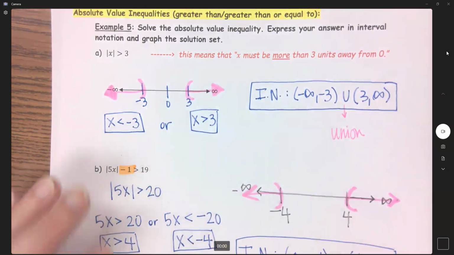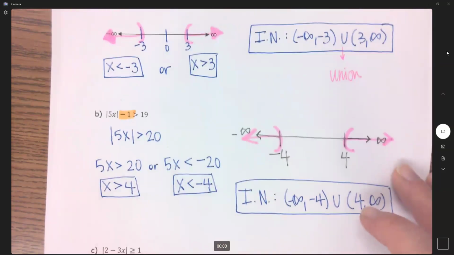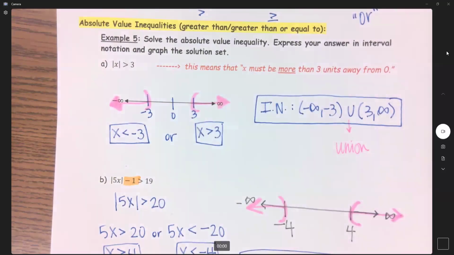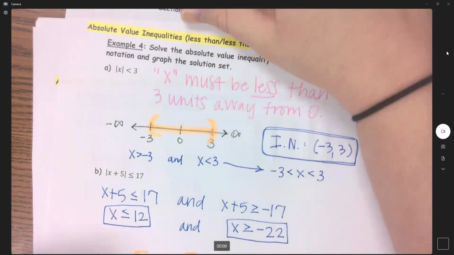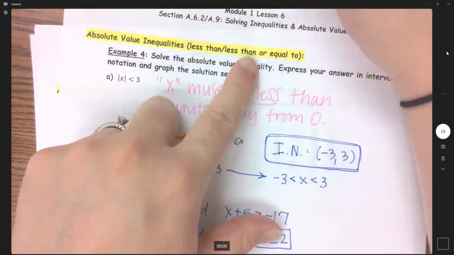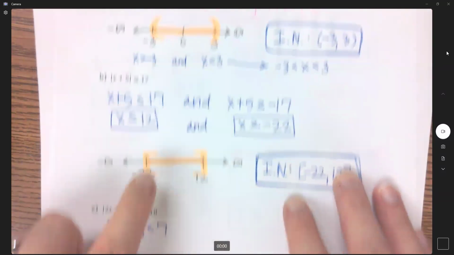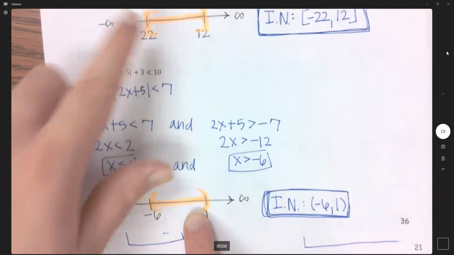But the pattern is these always will be these outside portions while your less than or equal to will always be that middle portion right there.